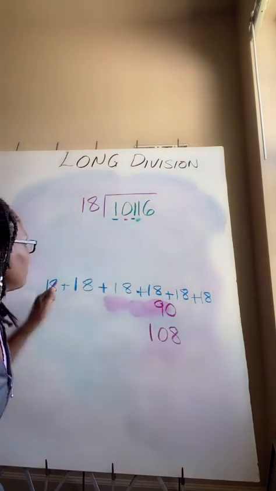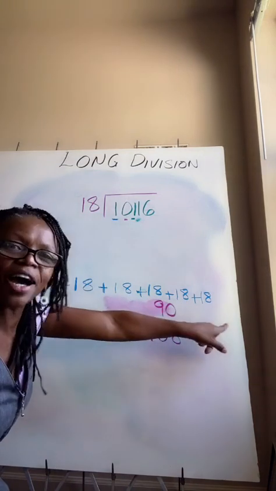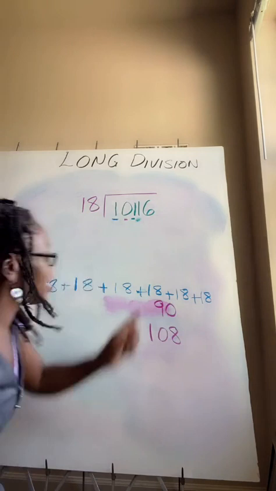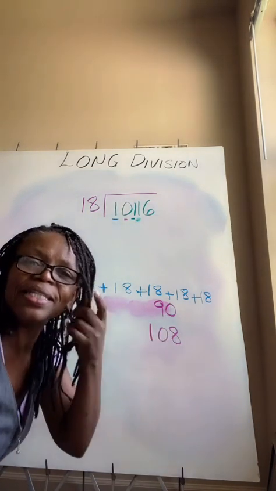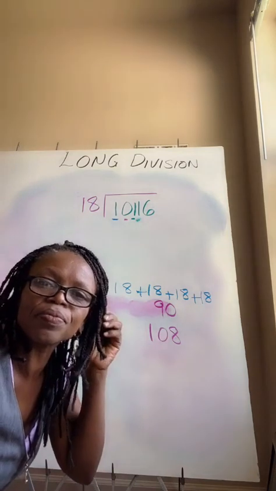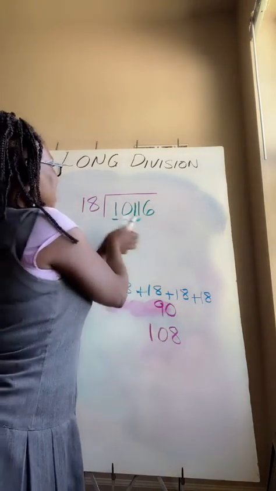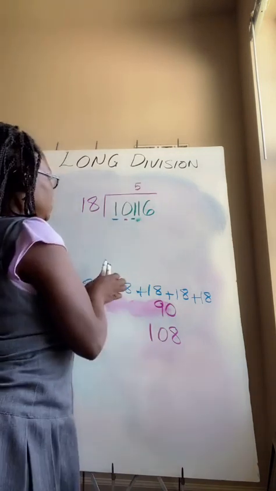And we count how many: 1, 2, 3, 4, 5. How many 18s are in 90? And we already know it's 90.